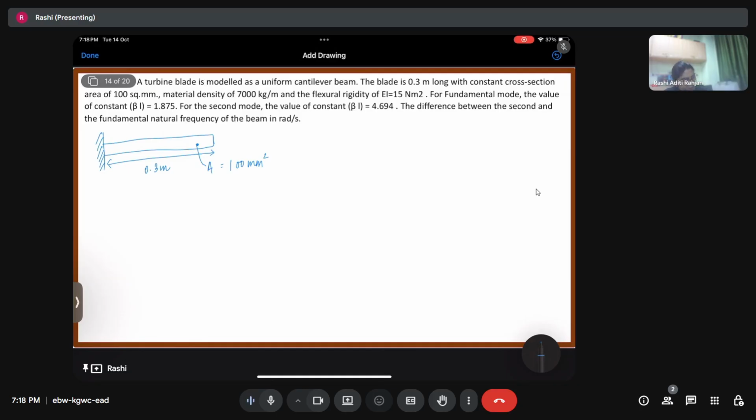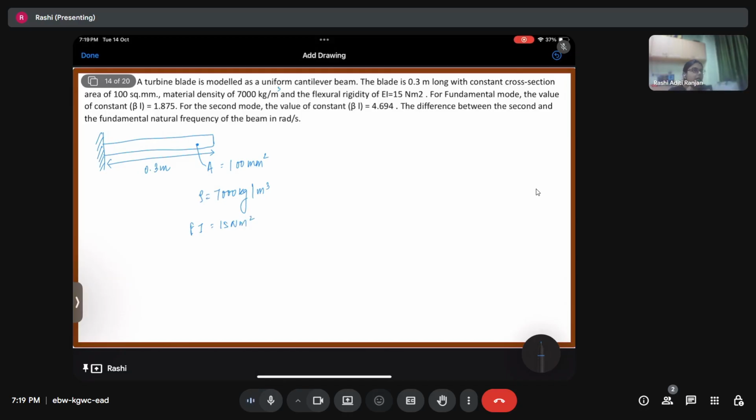Material density rho, it should be cube, kg per meter cube. And we have the value of EI, 15 Newton meter square. Then we have the values of beta L for the first mode and the second mode. Anyways, where is this value coming from?